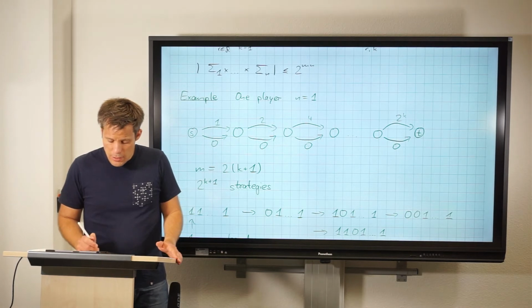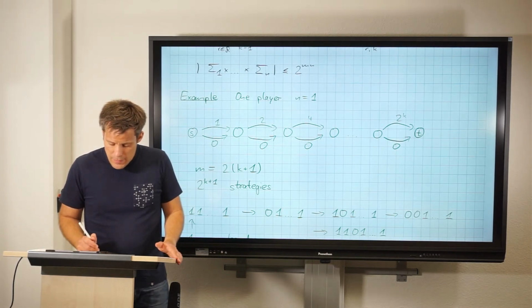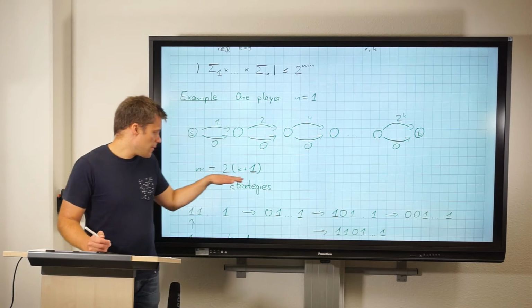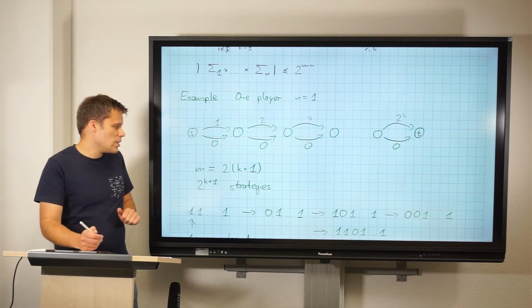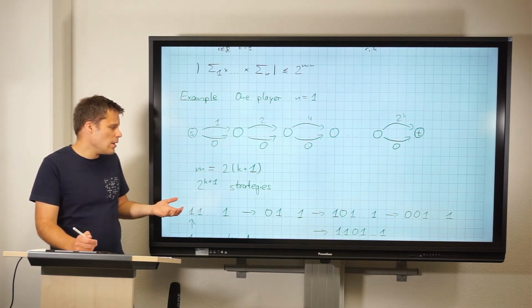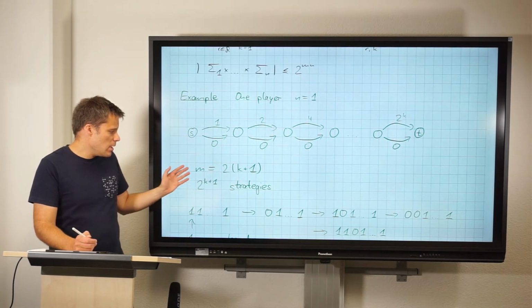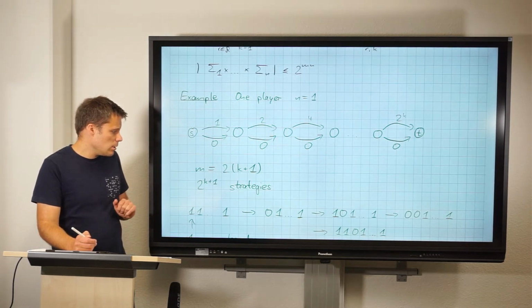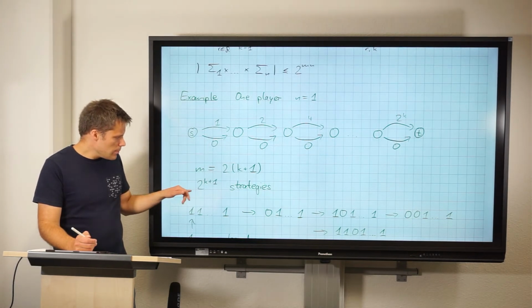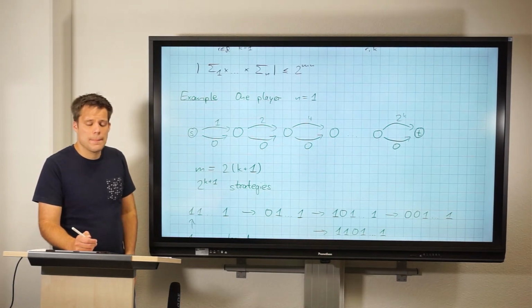the number of, this is nothing close to the number of strategies, which was only 2 times k plus 1, so that's only linear in k, but it's rather exponential in the number of strategies, because it's exponential in k.